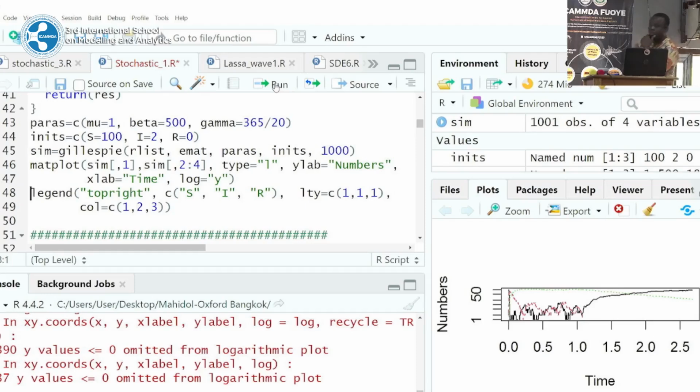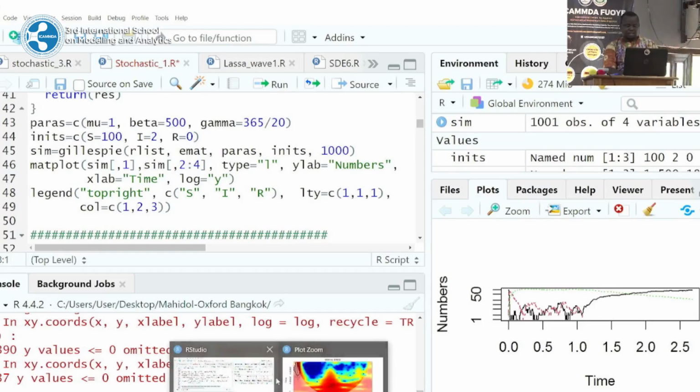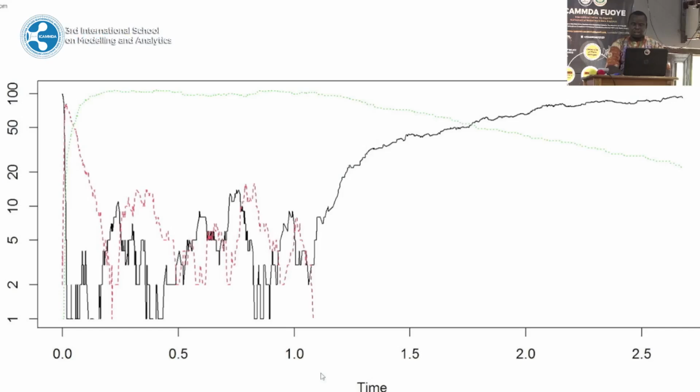So you have what I'm having here. I have about 3 different colors, which is green, red, and black. So we are going to talk about this. What are they really saying?